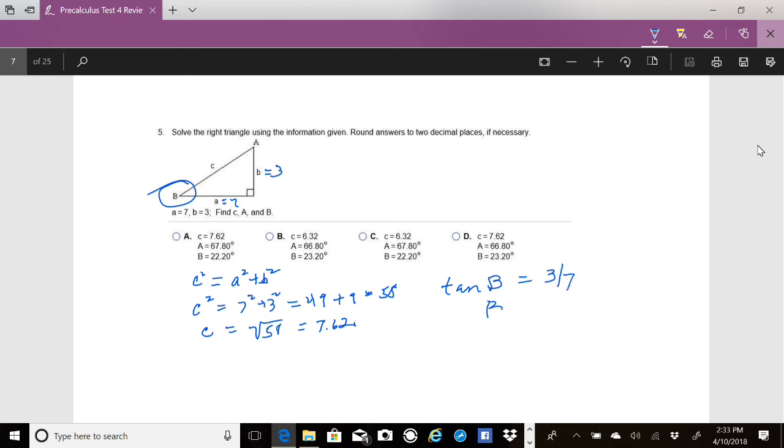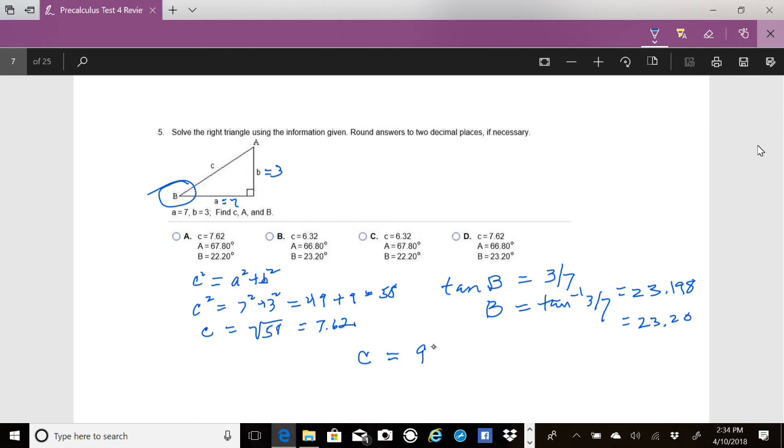So B would be equal to the inverse tangent of 3/7 equals 23.198. To 2 decimal places would be 23.20.